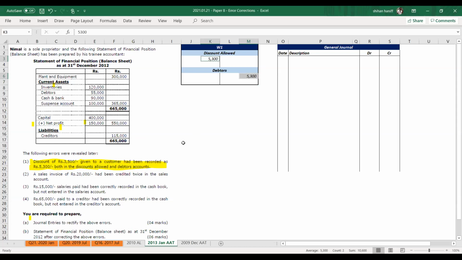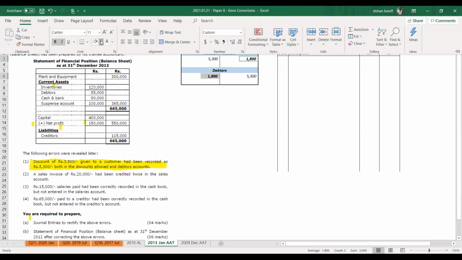So the actual amount is not 5,300, it should be 3,500. So the difference is 1,800. So from both the accounts, we have to deduct 1,800. Discount allowed account credit, and from the debtors account also we have to deduct, so debit.